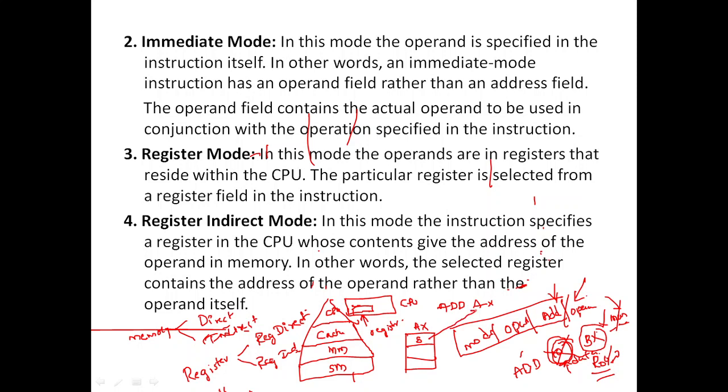So this data is going to be added with the accumulator. Suppose instead of 8, we have an address, that is 1008. So this is the location 1008. Here we have the data 9. So this is indirect. If we are giving two references, that is indirect.